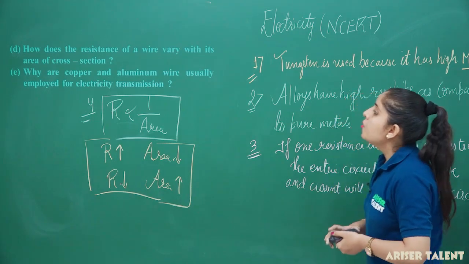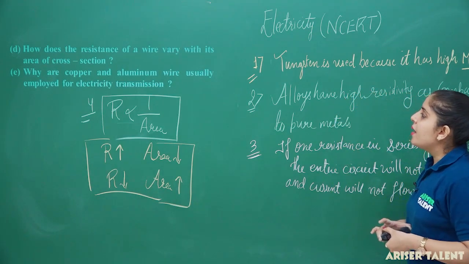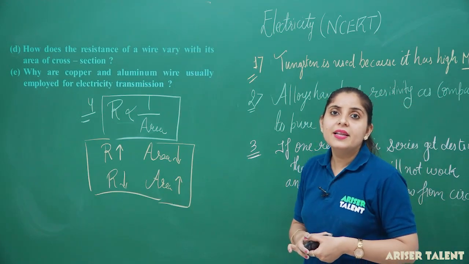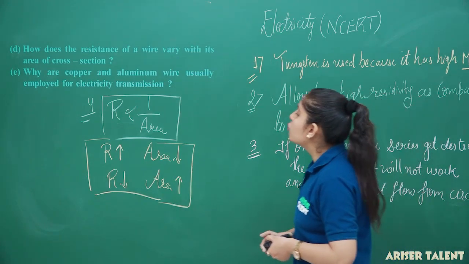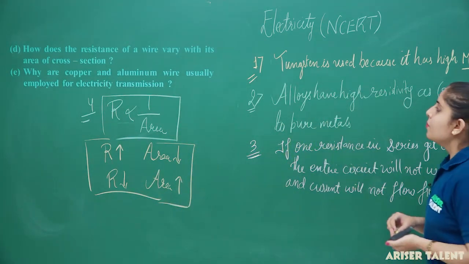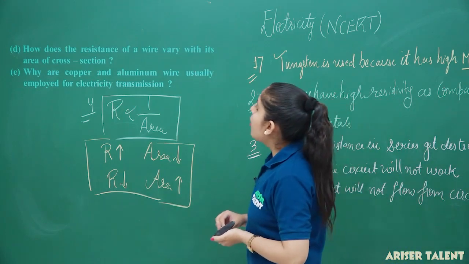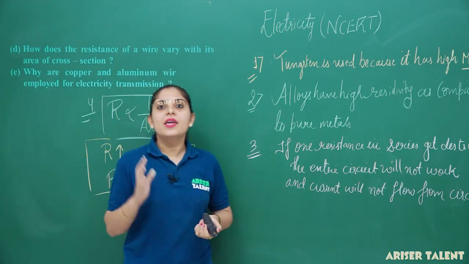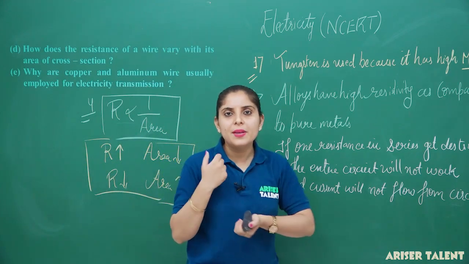Now, why are copper and aluminium wires usually employed for electricity transmission? Again, this is a very important and interesting question because this is a general question from your day-to-day life. So why are copper and aluminium employed here? Copper and aluminium are generally employed because these are very good conductors of electricity. This is the basic reason.